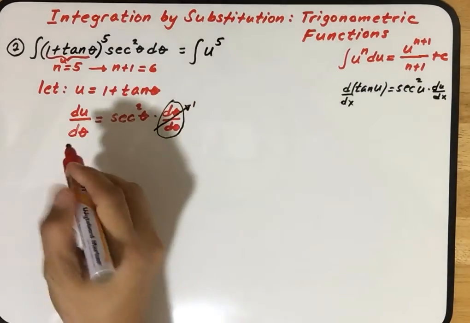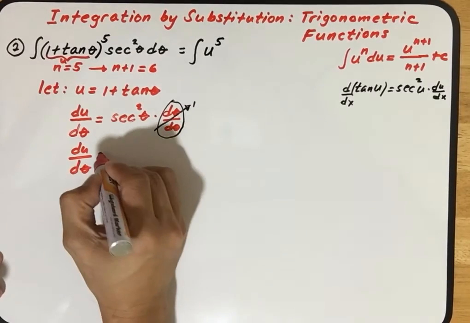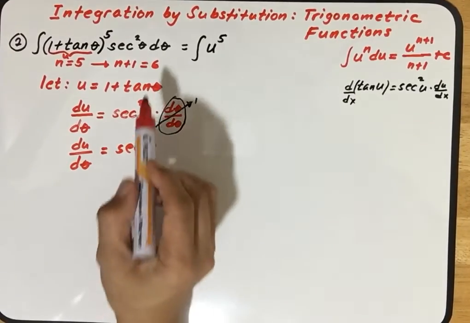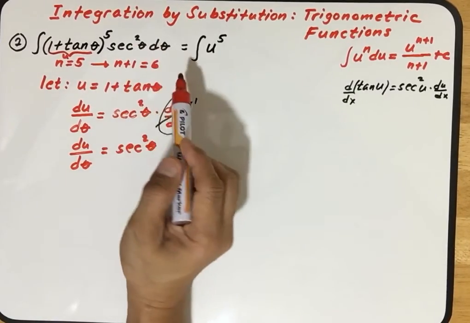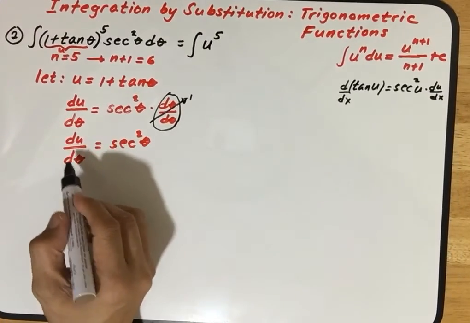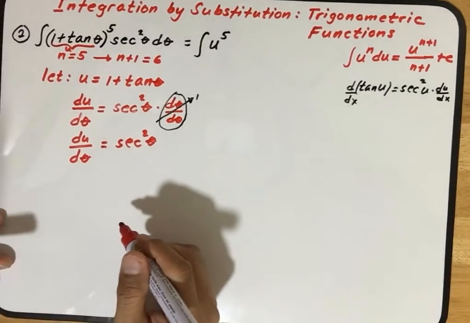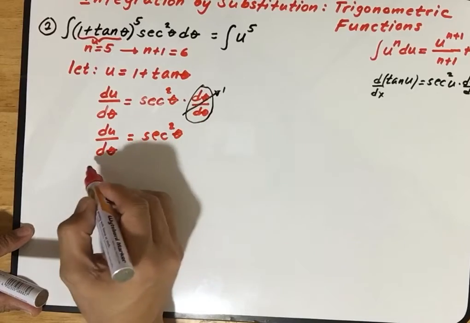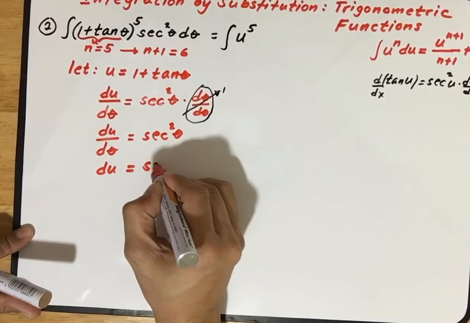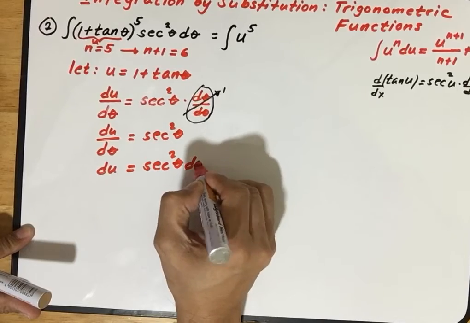Okay, so our du over d theta is equal to secant squared theta. Our goal now is to find what secant squared theta d theta is, so that we can replace that in terms of du. To solve for du, we multiply both sides by d theta, or cross multiply d theta, so that we have du equal to secant squared theta d theta.